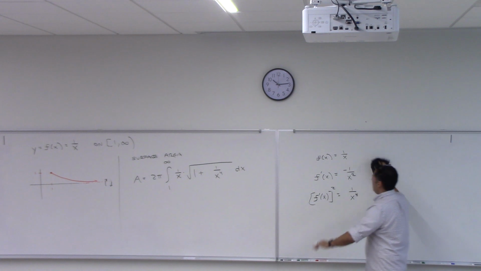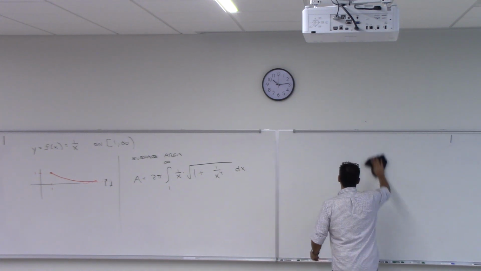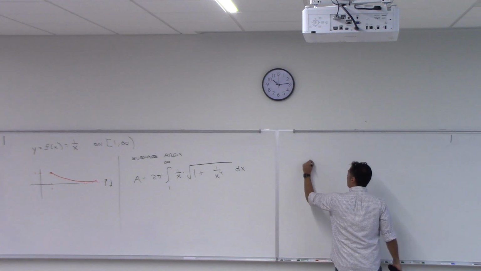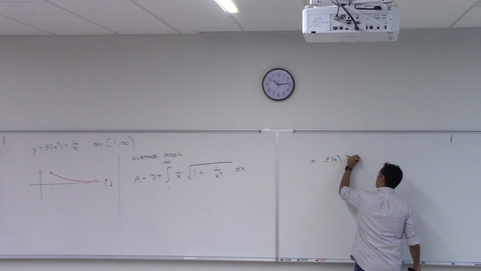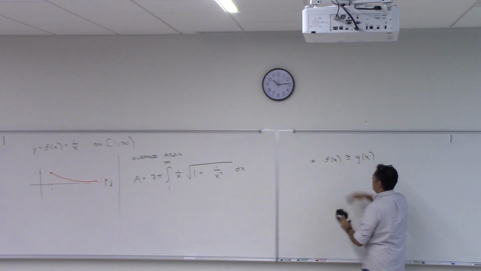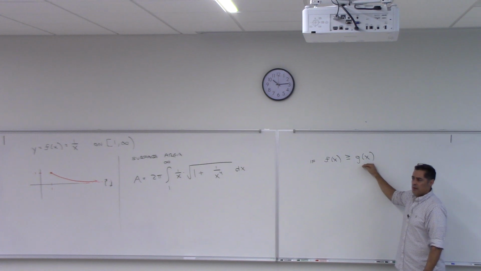So I want to go back and ask you a question, or see if you remember this. I told you when we were talking about integrals, if you had some function that was always bigger than or equal to another function, so when you graph this, it's above or at least equal to this function, right?